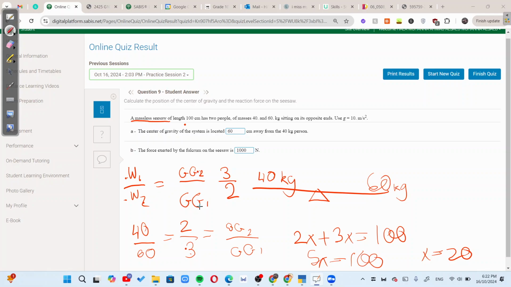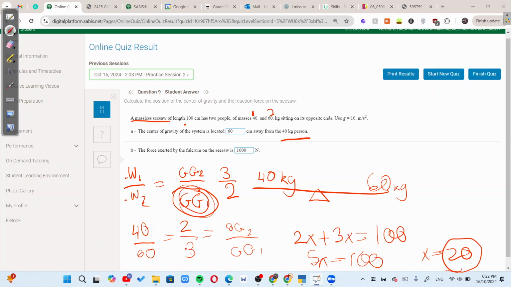So now we know that x is 20 for the distance. The 40 kilogram person is person 1, and this one is person 2.